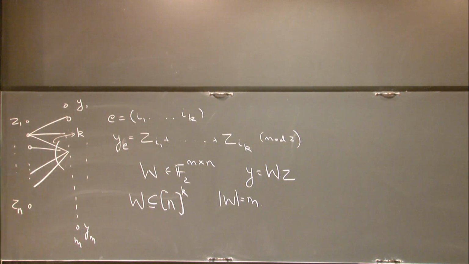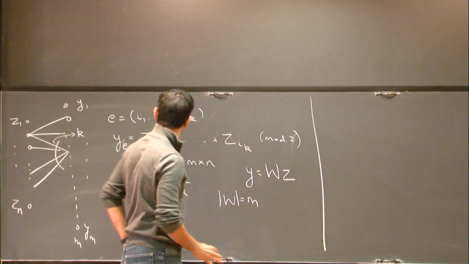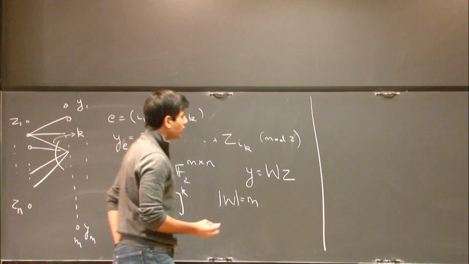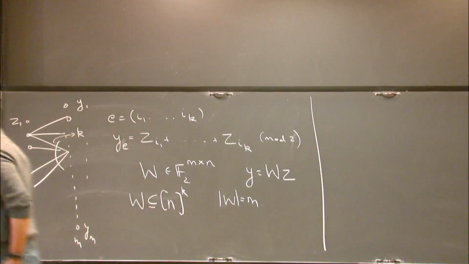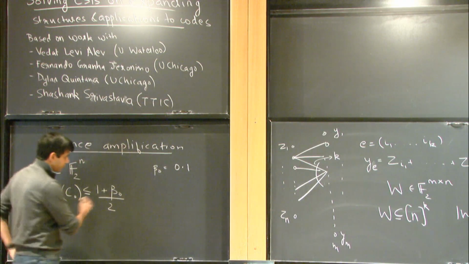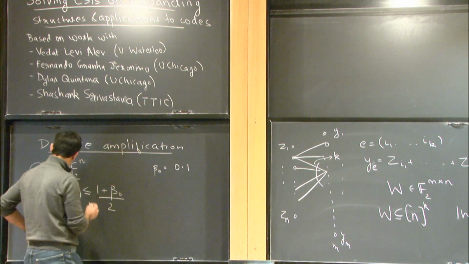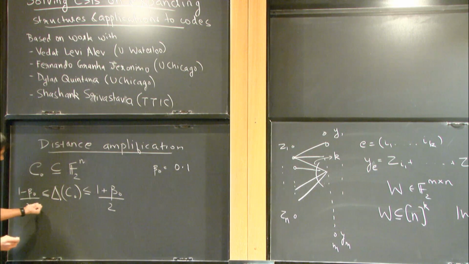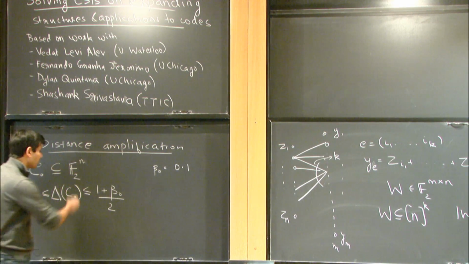Okay. And there are a couple of questions we want to think about. So, going back, let me define another parameter, which is the bias of the code. It will be slightly cleaner to work with that. Just the fact that the distance of the code is of this form. Let's say C0 is a subspace even.